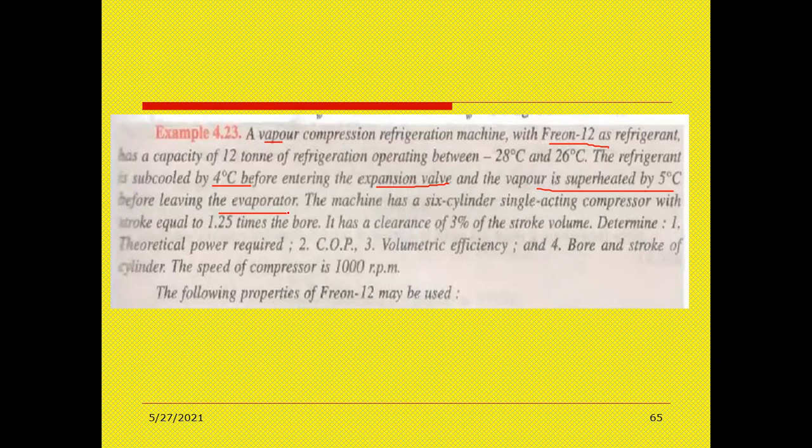So the compressor specification is a 6-cylinder single acting compressor with stroke equal to 1.25 times the bore.